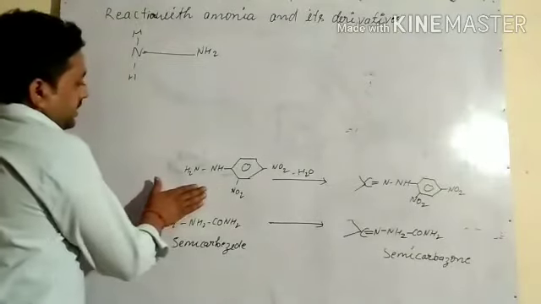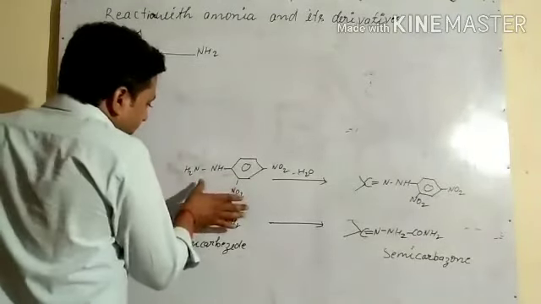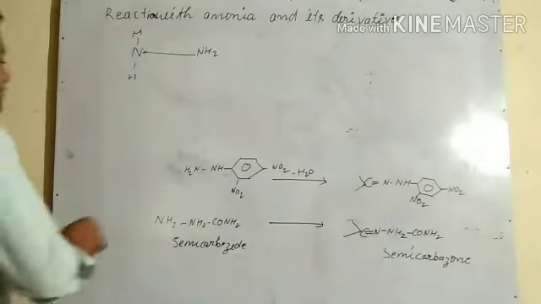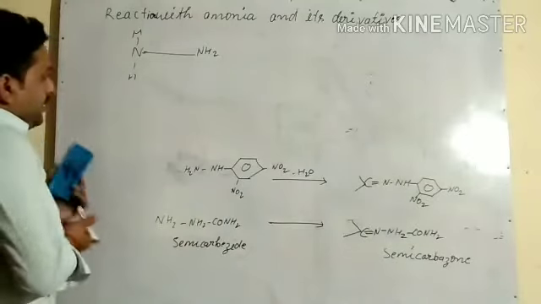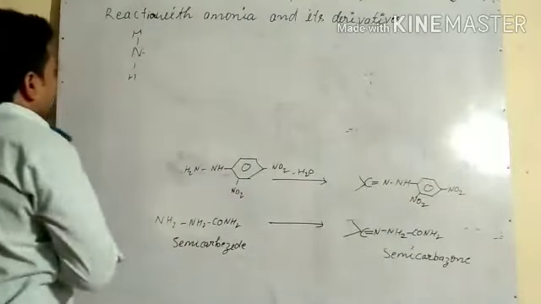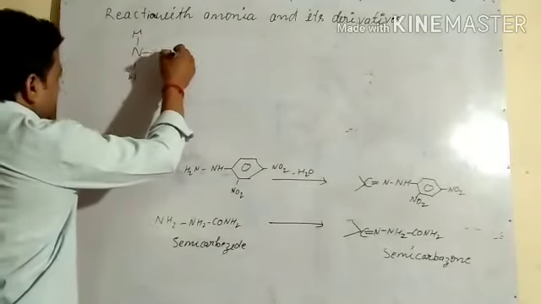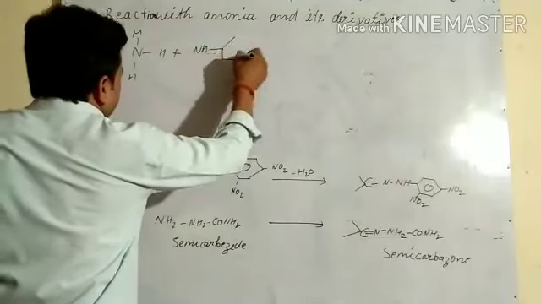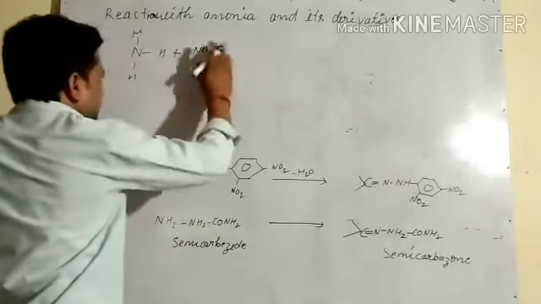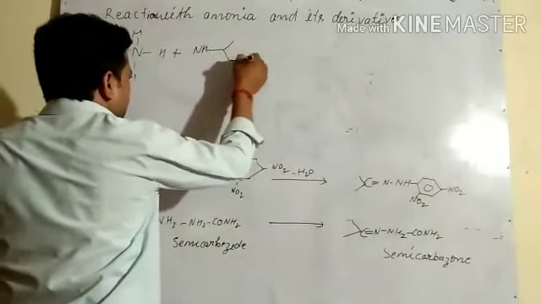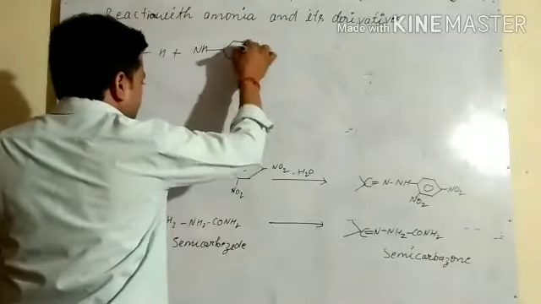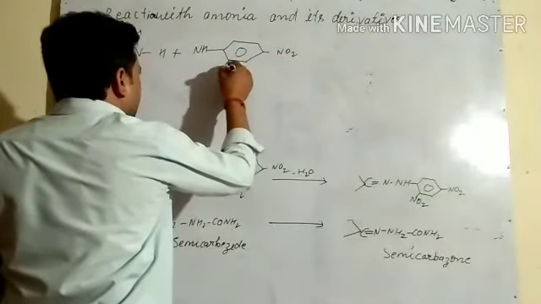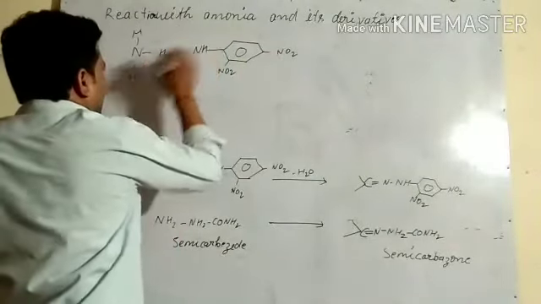Here, if one hydrogen of this one is replaced by NH like this, 2 4 here, replaced.